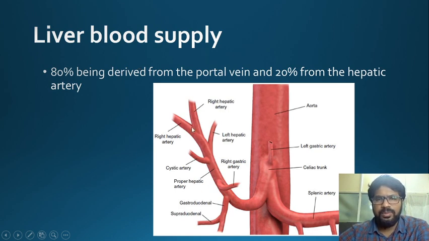You all know how the portal vein is formed. The superior mesenteric vein joins with the splenic vein to form the portal vein behind the neck of the pancreas, and it ascends towards the liver in the free border of the lesser omentum. It reaches the liver and divides into right and left branches, and it supplies about 80% of the blood supply.